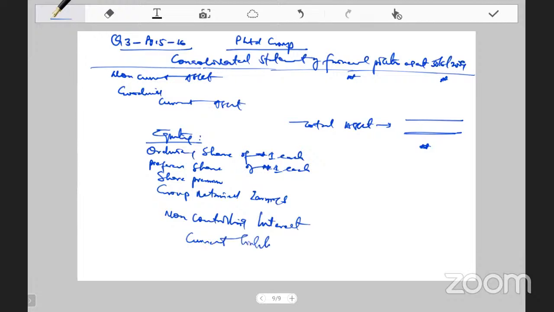Current liabilities. Okay, this is my solution page. If I have 5 minutes to go, I can write the ones that need no adjustment, and I'll submit. Even if you submit just this, you score 3. And 3 is an important mark.